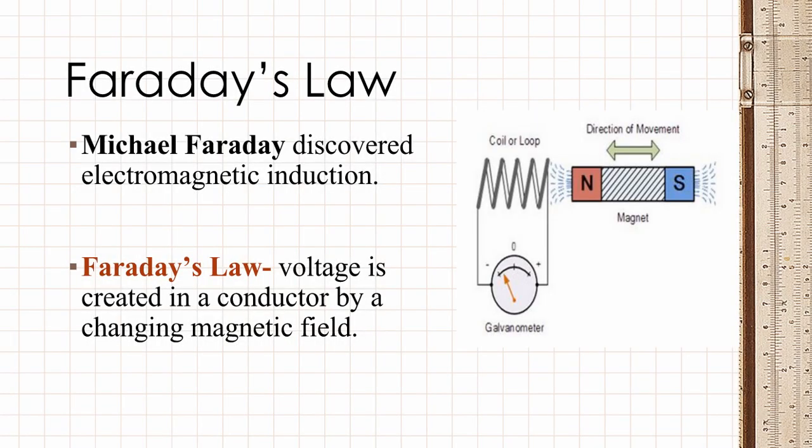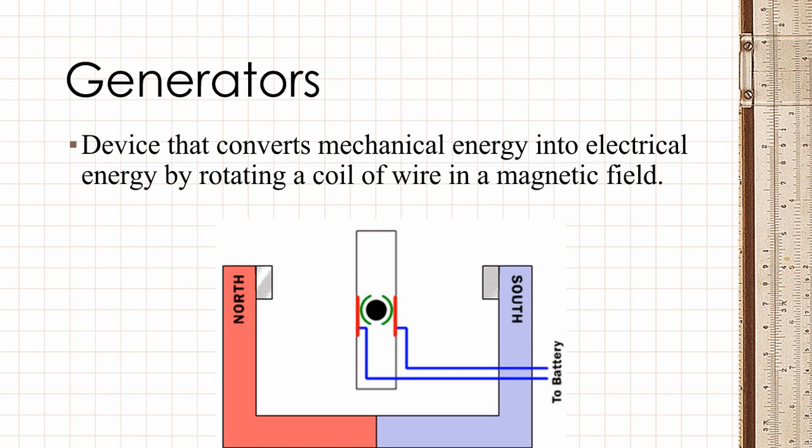This process is called Faraday's law. We discussed this in our last set of notes. Michael Faraday is the name of the scientist who discovered this, and Faraday's law says that voltage is created in a conductor by changing the magnetic field. He did a simulation on this. We use this process to create electricity.